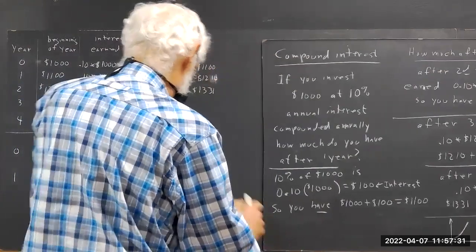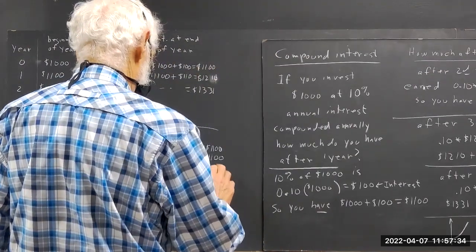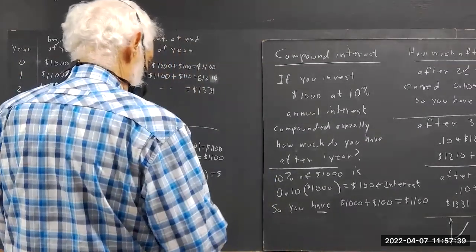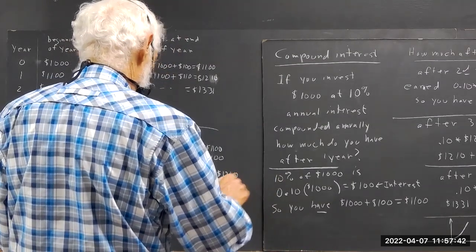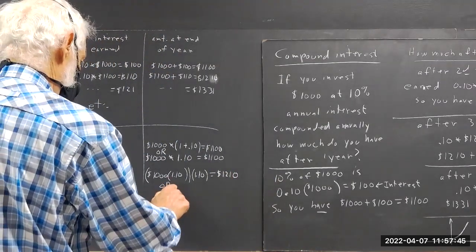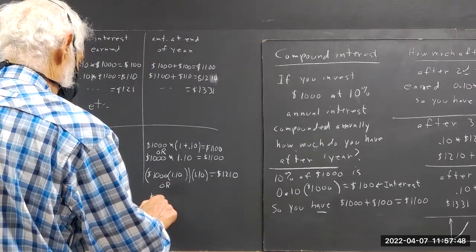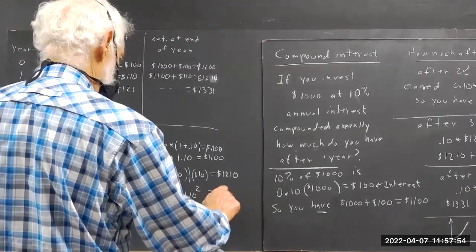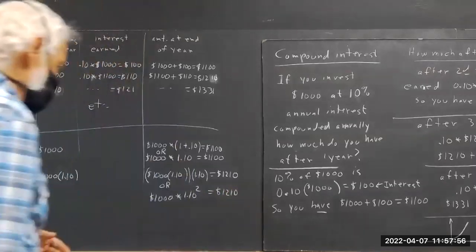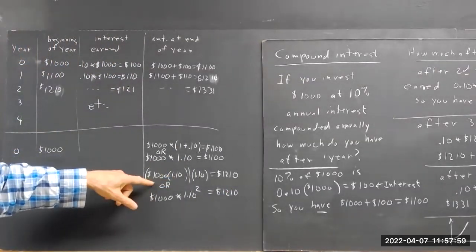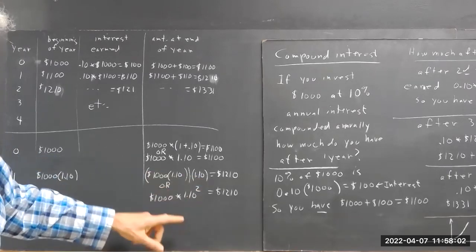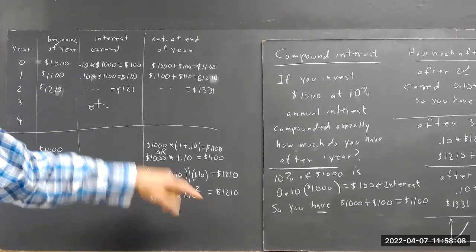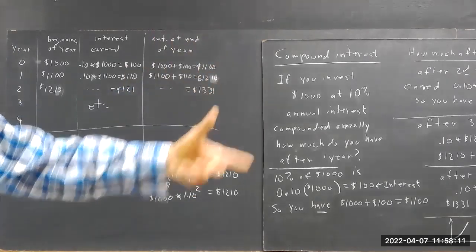And I'll keep this a little more compact. Actually, I want to write out some of those. What have I done? I multiplied 1,000 times 1.10 by 1.10, which gives me 1,000 times 1.10 squared. Because 1.10 times 1.10 is 1.10 squared.